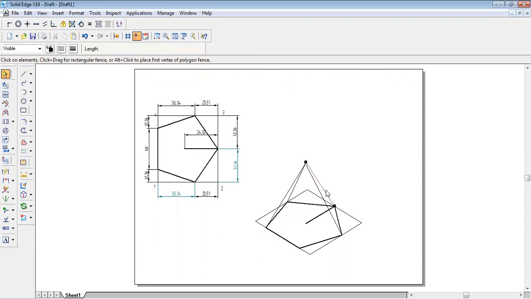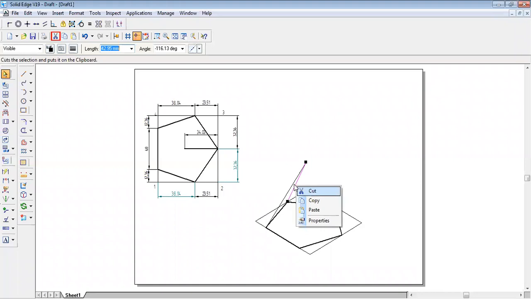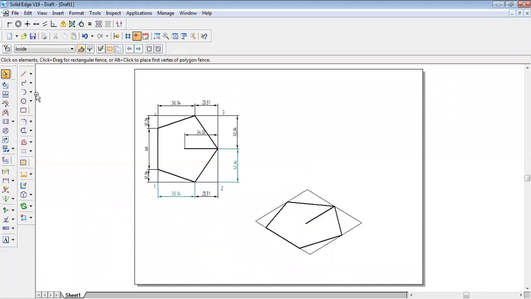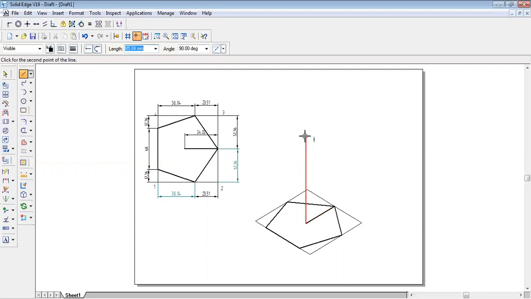Next, in the same problem, we'll construct the pentagonal prism. If a prism is having a height of 50 mm, how to draw 50 mm? 50 mm axis length. Okay, next what we are doing?